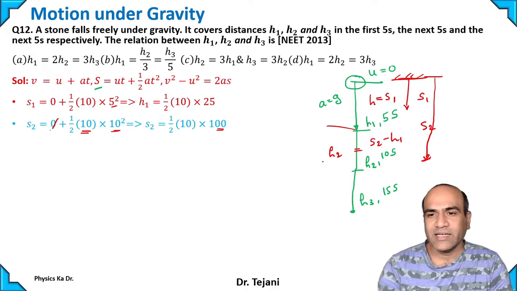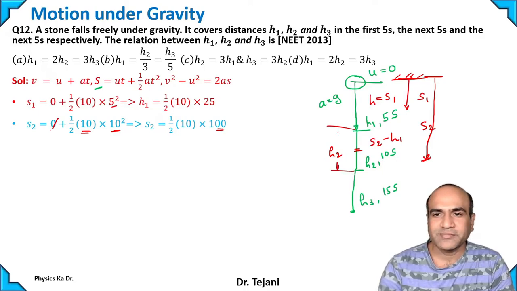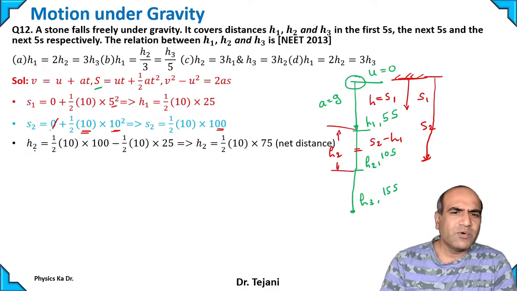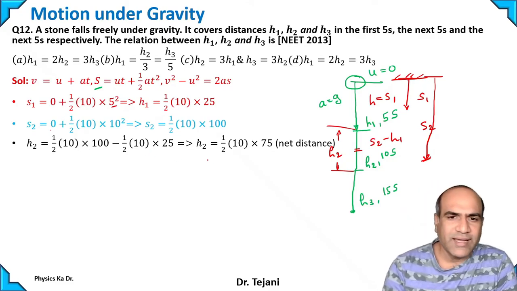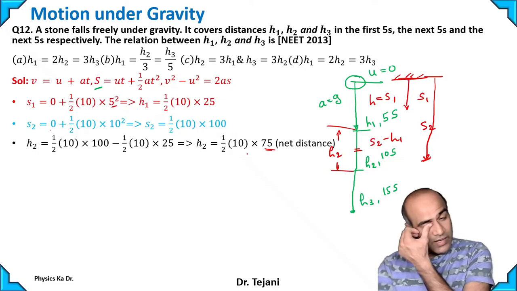We need the net distance. Putting these values, we get h2 is equal to 75.